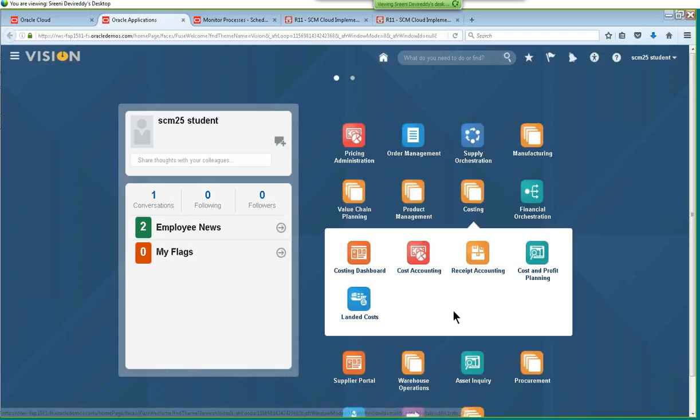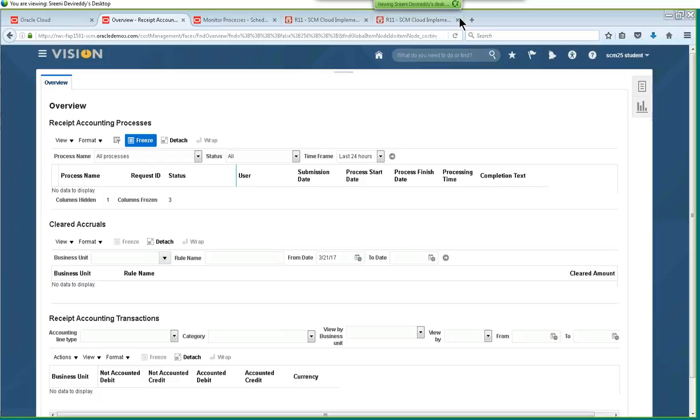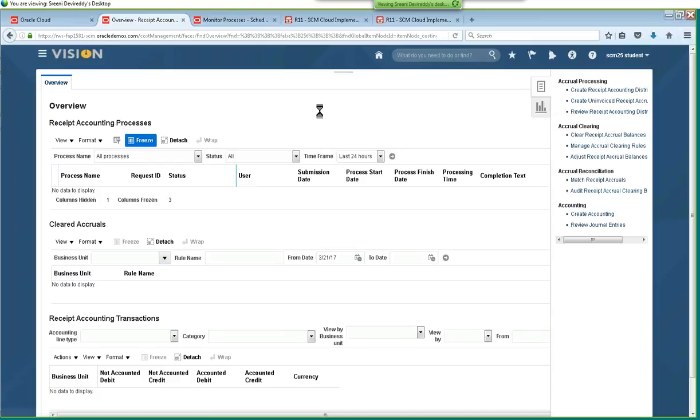As you see, these two are different UIs, different pages. You have to do receiving here and the inventory costing here. So let's go to the receipt accounting, and what I need to do is create receipt accounting distributions.